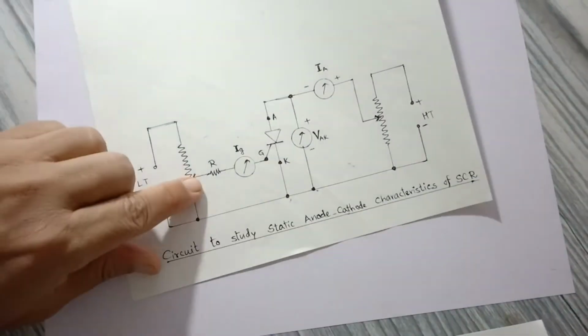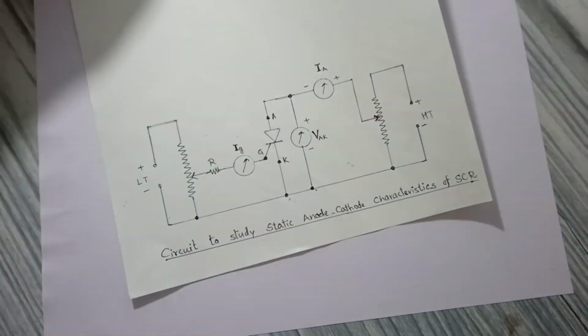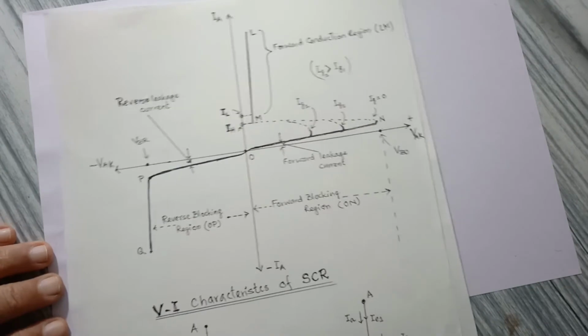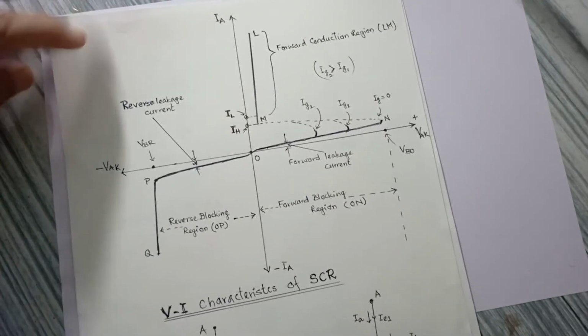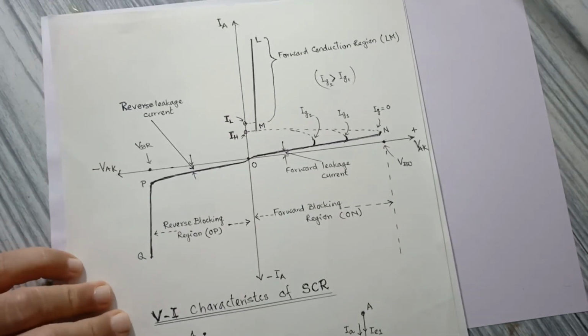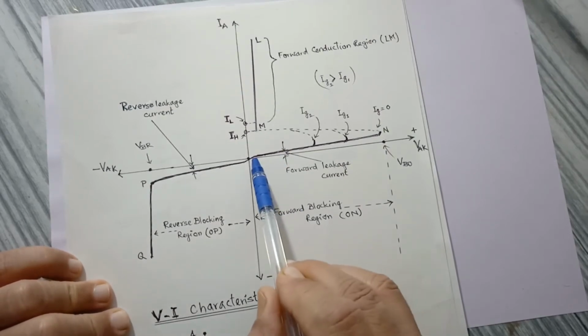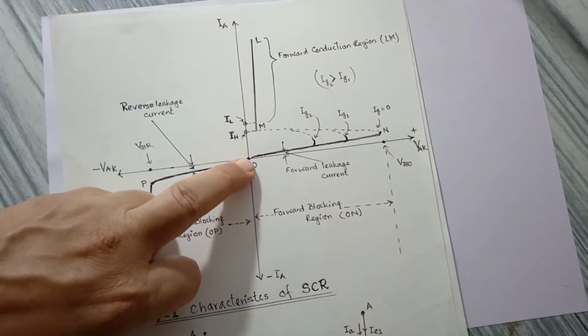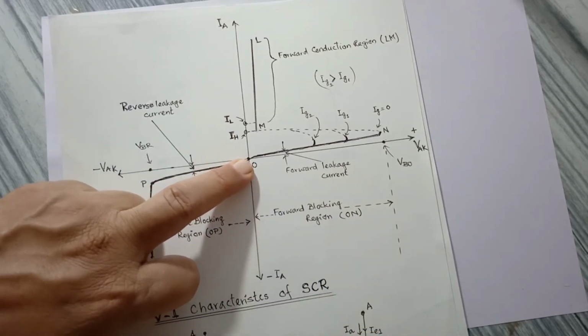This gate terminal is kept open, and now we are forward biasing the SCR. And imagine that the forward anode voltage is increased in small steps. So the gate is open and the anode voltage is increased. So just now we have seen that junction J2 is now reverse biased.